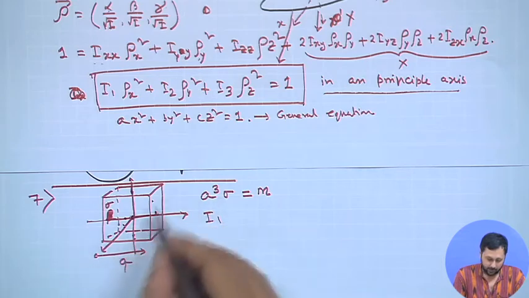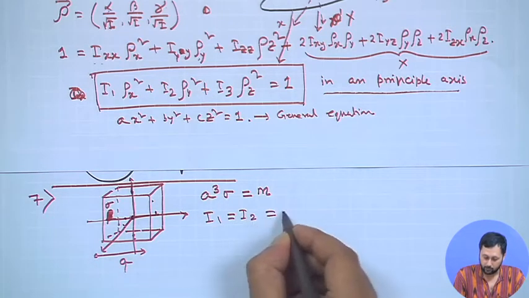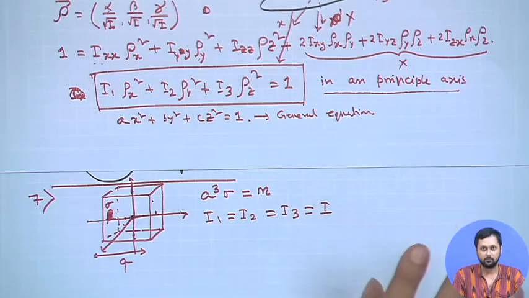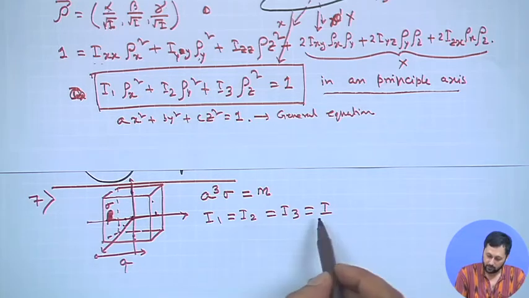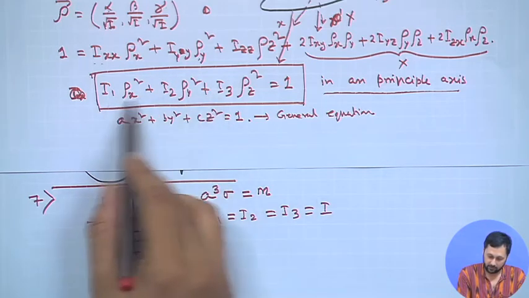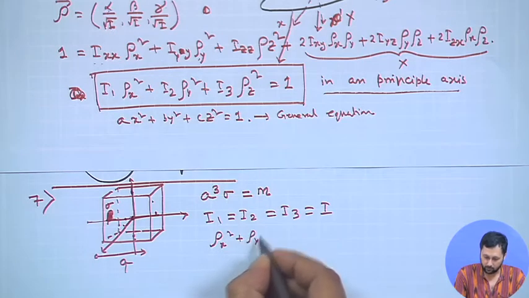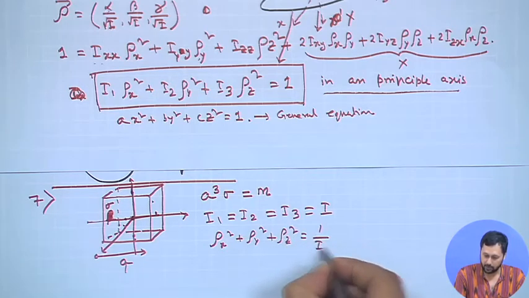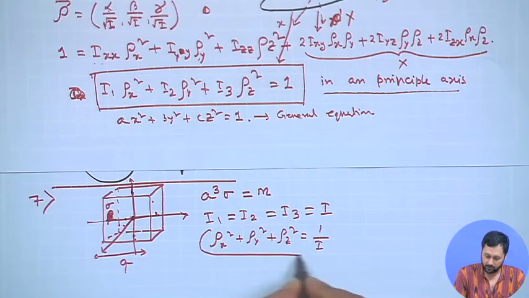Okay. So, if I calculate the moment of inertia about each of these axes, it will be I1 equal to I2 equal to I3 equal to some I. I am not going into the details of what that I is right now. If this is the case, then the equation reduces to rho x square plus rho y square plus rho z square is equal to 1 by I. This is the equation of a sphere.